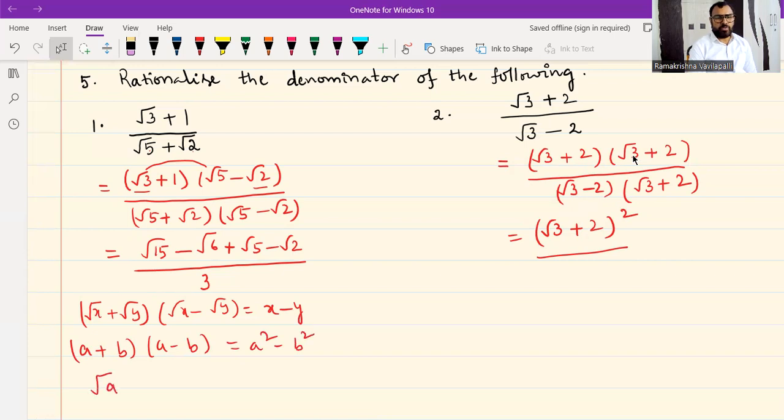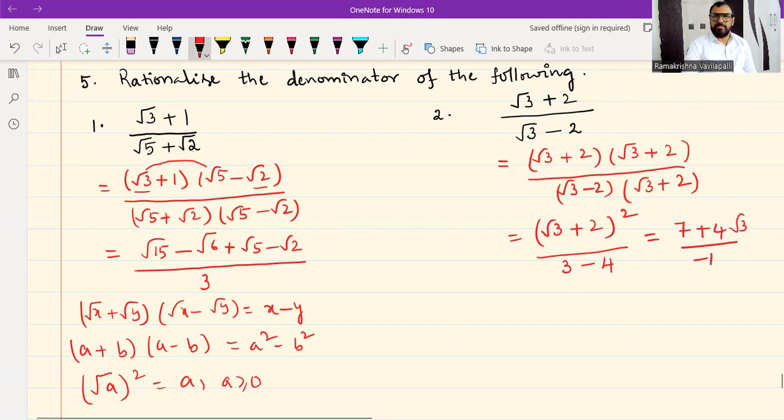And root a whole square is nothing but simply a, of course, a is greater than or equal to 0. So the denominator is 3 minus 4. Now simplify this. This is 3 plus 4, 7 plus 4 root 3, whole by minus 1. Simplified.